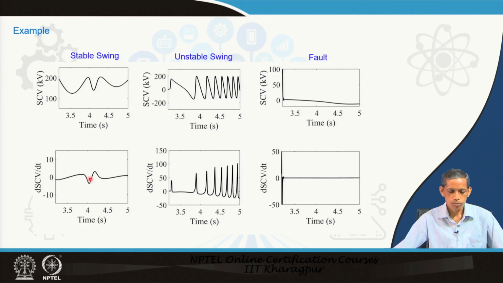If the swing center voltage has a smaller value, its derivative is also smaller, and the swing center voltage has a positive value, then we say this is a stable swing.